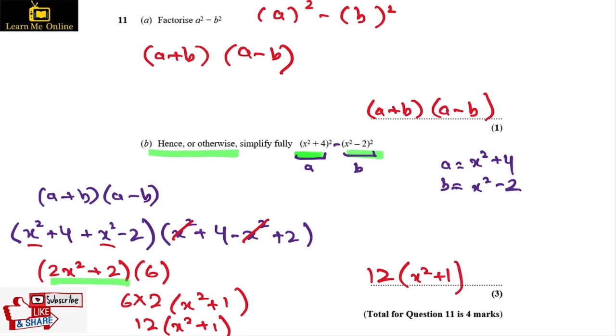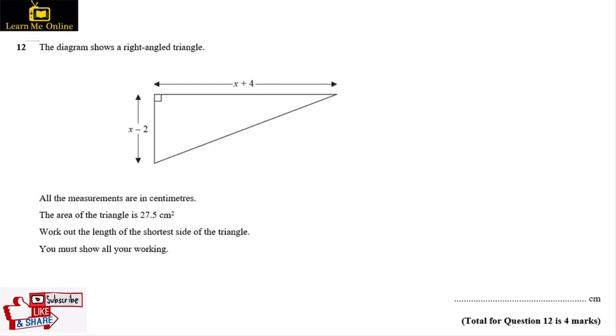Because we are simplifying it, we're going to leave it in the bracket form, or if you just expand it out and write it down, then still it would be correct. This is for 1 mark and this is for 3 marks. So altogether this question number 11 is for 4 marks.